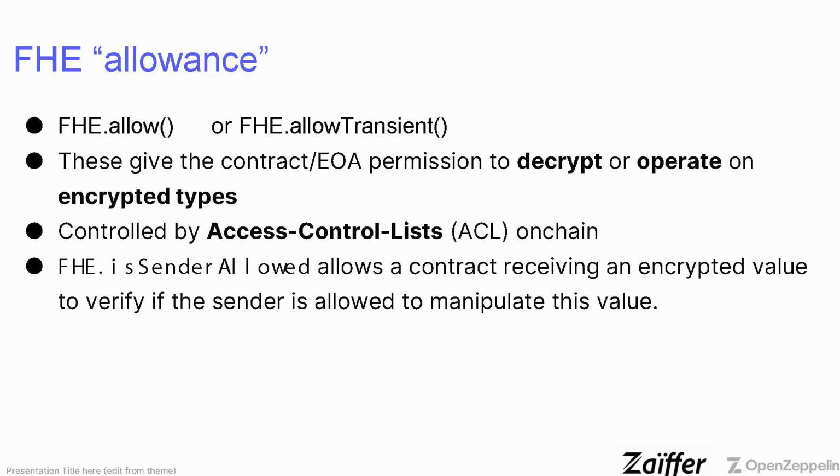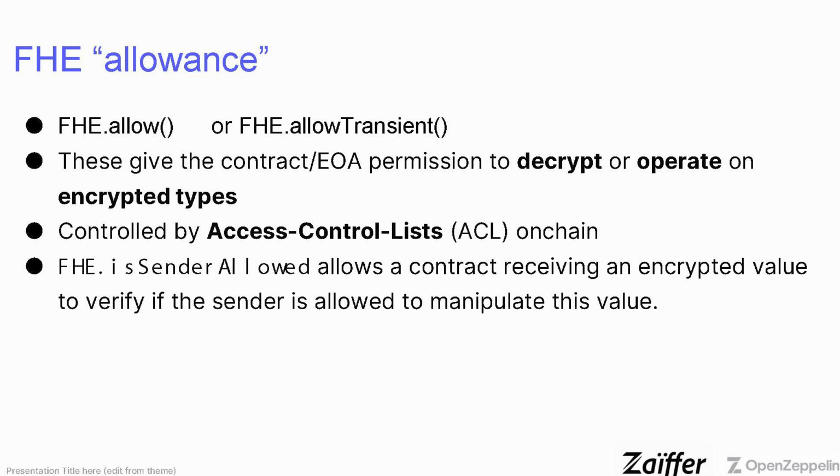But here you need to actually give access to the contract you're sending that value to, so that they can manipulate the encrypted type. You have multiple ways to do this. You can either give it permanent access to the handle, the on-chain representation of the encrypted type, or you can give it a transient allowance so that it only has the right to operate on it during the execution of the transaction.